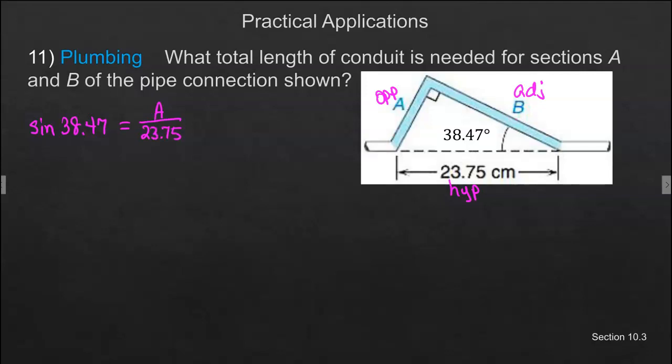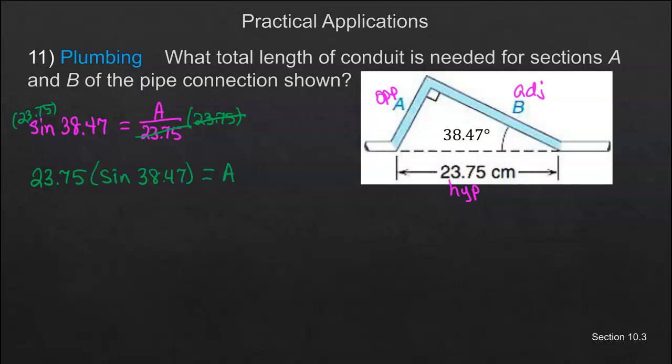To solve for A, we're going to multiply both sides by 23.75. So we've got 23.75 times the sine of 38.47, and that's going to equal A.